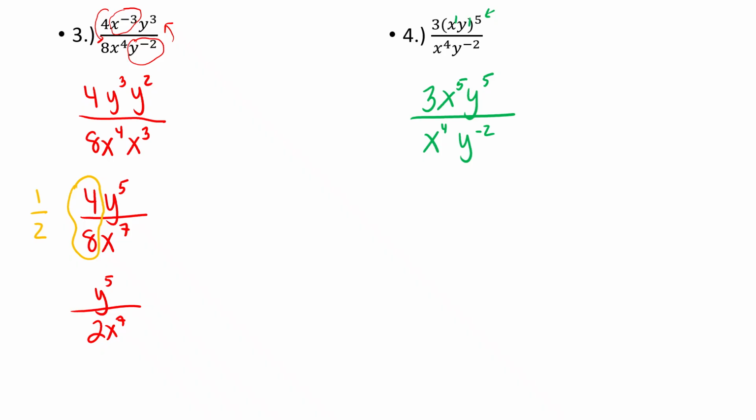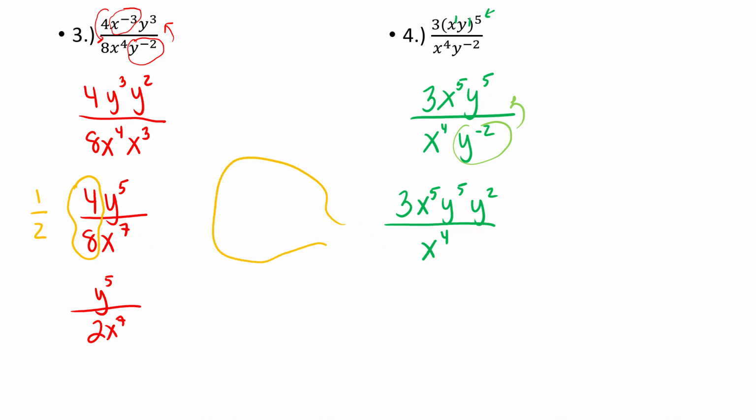But here's what I do on this. I think the first thing I would do here is take this y to the -2 and move it up to the numerator. The issue here is with the x's. The way I think about it is in my head, like a thought bubble. I picture this and say to myself, I've got 5 x's on the top, I've got 4 x's on the bottom.